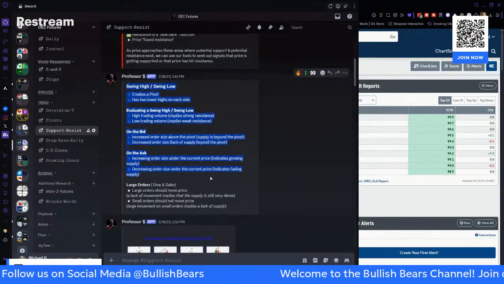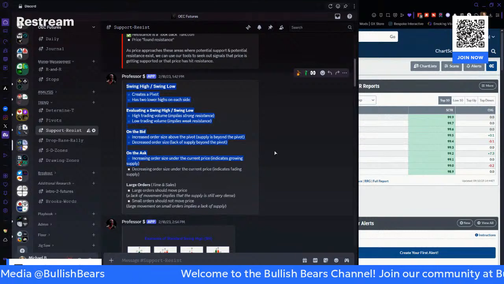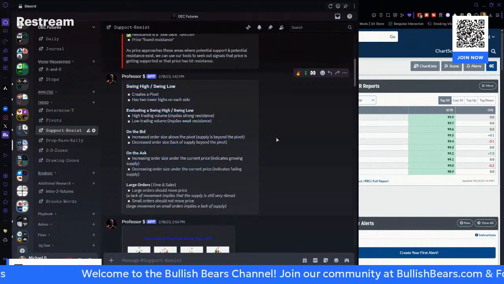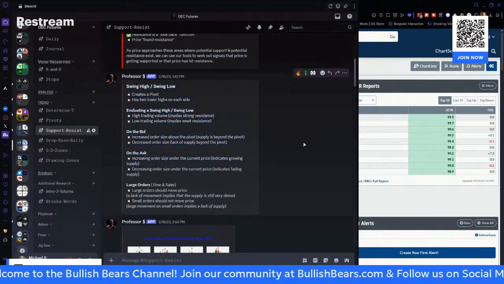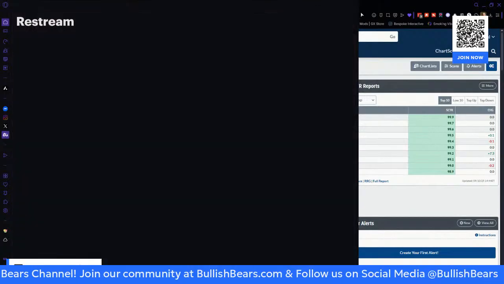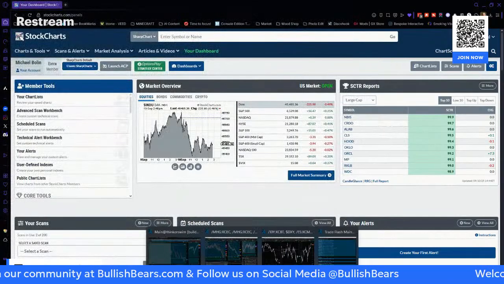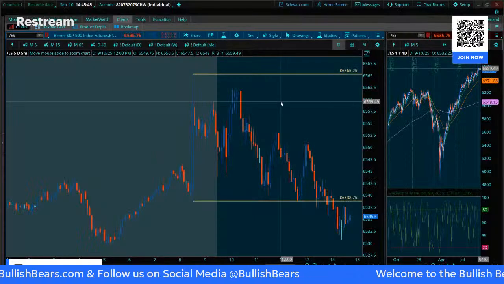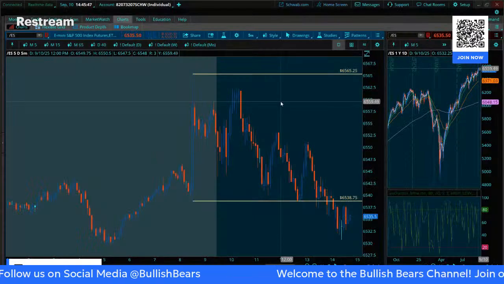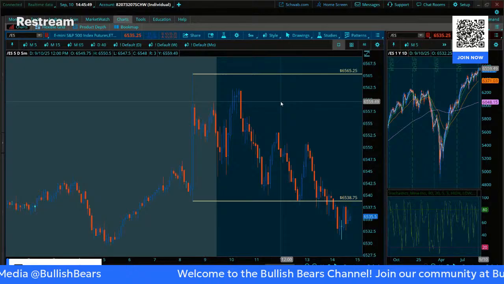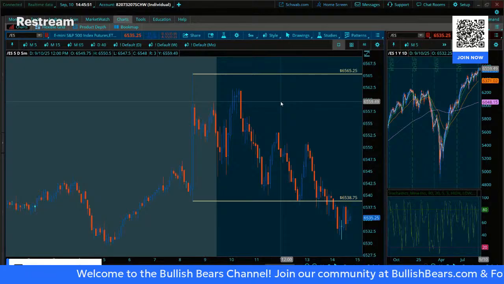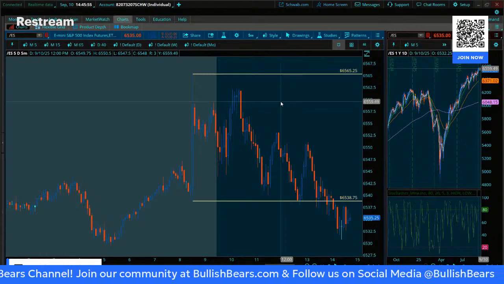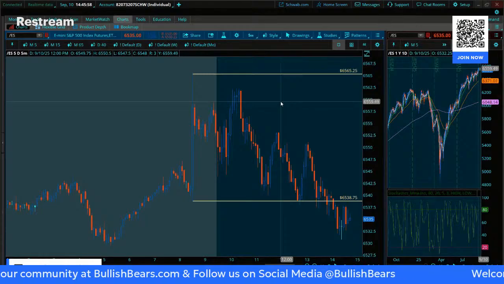I pay a lot of attention to swing highs and swing lows too. There's no such thing as a definitive support and resistance. That's the whole lie, right? We can look back and say price was supported there, but we have no idea if price will be supported the next time we go there.